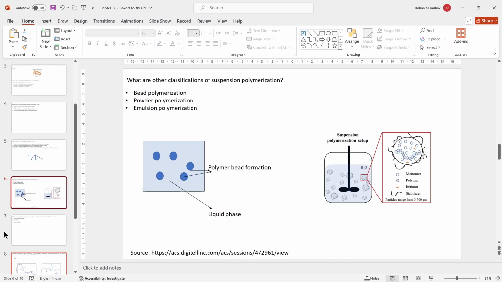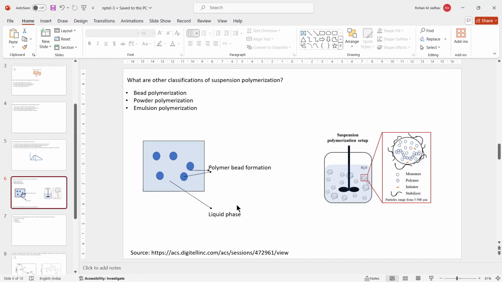That smooth bead is why the name bead polymerization comes for suspension polymerization. Now, if the polymer which is formed is not soluble in its own monomer, it won't form a bead; it will separate out and be present as a powder. That gives the name powder polymerization. So bead and powder polymerization are the classifications of suspension polymerization.